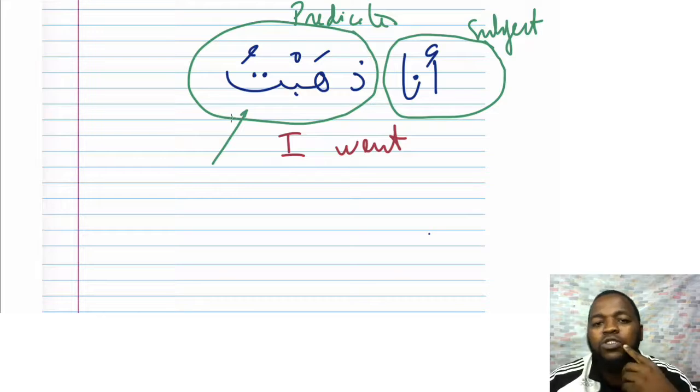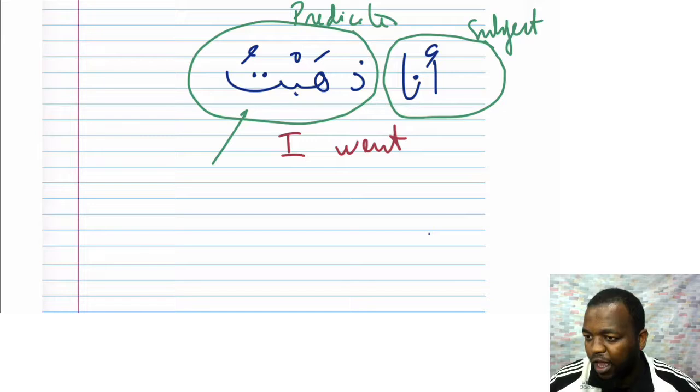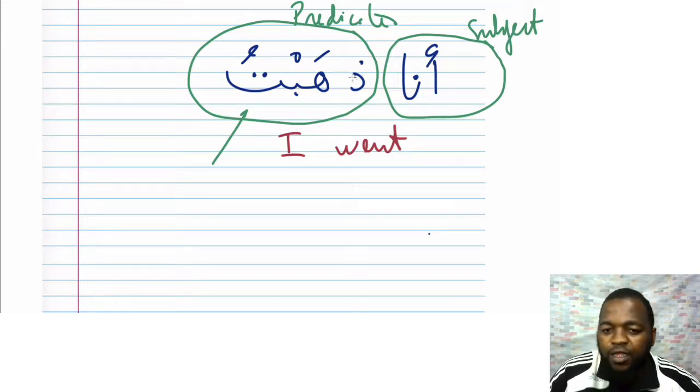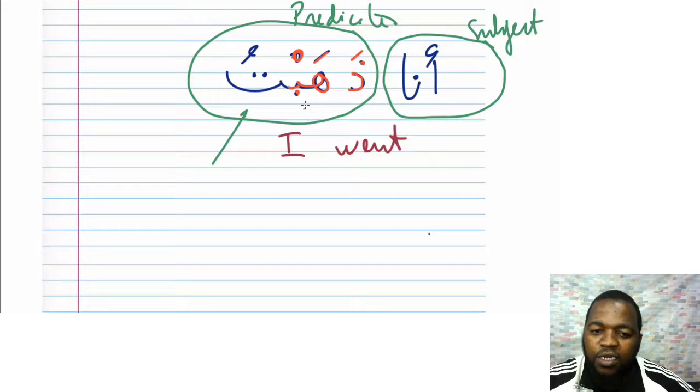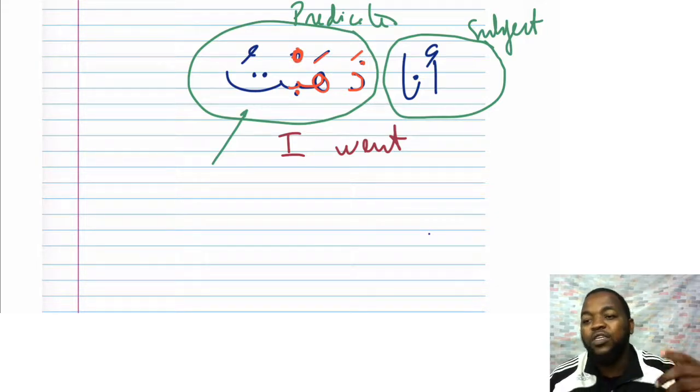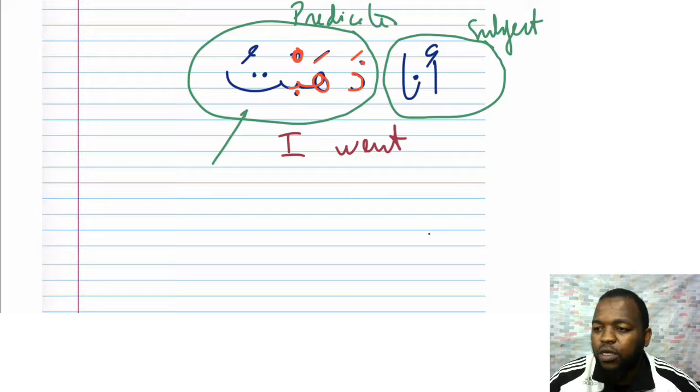So tell me, what is the verb in this verbal sentence? And I answer you quickly. I say, the verb is here. Dhahab. This is the verb. The last vowel has sukun. Dhahab is the verb. And where is the subject of this verb? And you quickly answer.